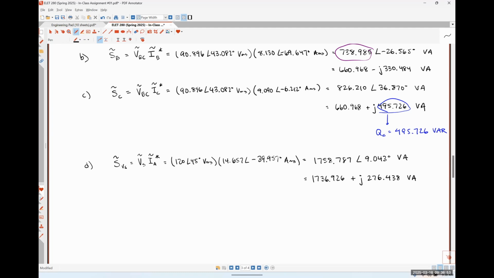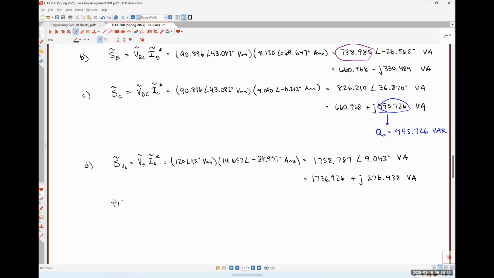So from this complex power, how could I determine my power factor? Yes, that power factor angle of 9.043 is probably the easiest way to do it if we know the power factor angle. So what do I do to that angle? Cosine, yeah.